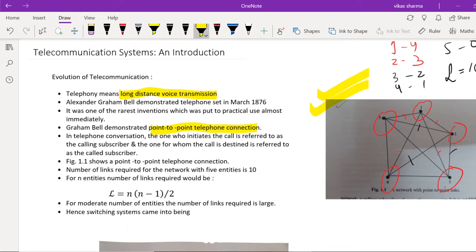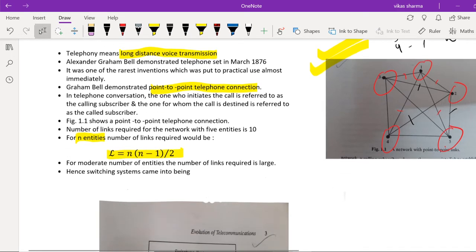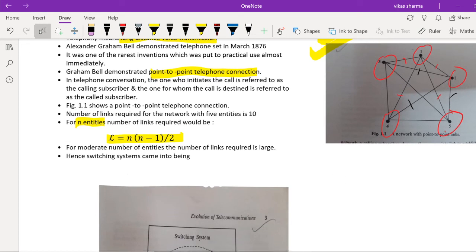Now let us assume that the network has n entities. For n entities, the number of links required is n into n minus 1 upon 2. How does that come into picture? Suppose I have n subscribers in a network.